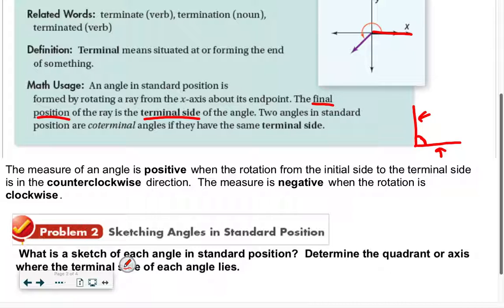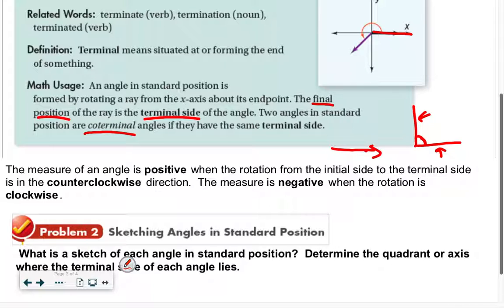Coterminal angles are two angles that look the same. For coterminal, you pretty much just add or subtract 360. So like the angle 0, that's here, and then angle 360 looks the exact same. Does that kind of make sense?